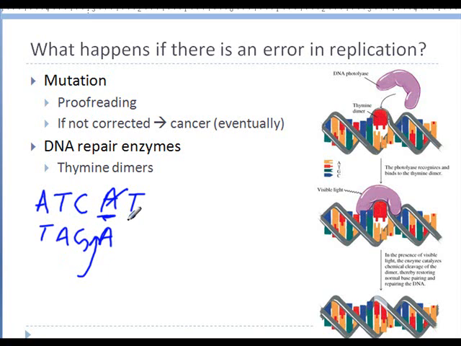But the cell actually has a natural proofreading process which checks this incorrect replication. Because if these are not corrected, it can lead to a disease such as cancer. Cancer is one of the diseases that can result from incorrect correction of the strand.